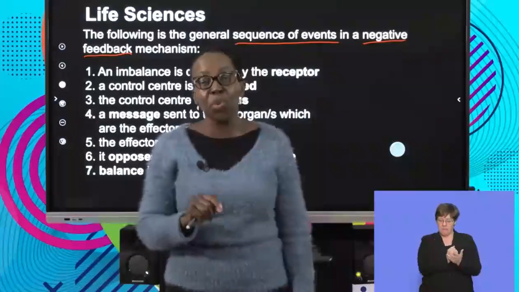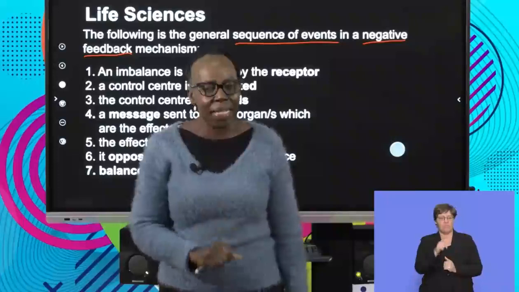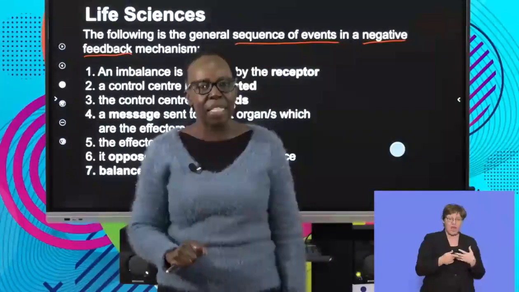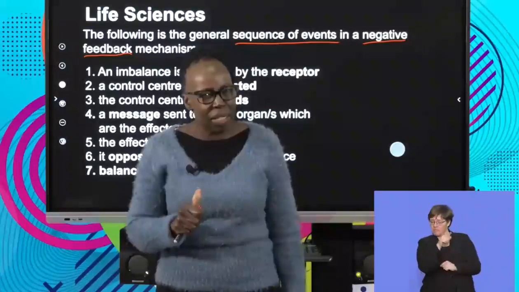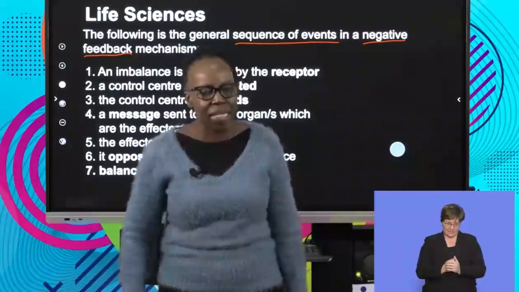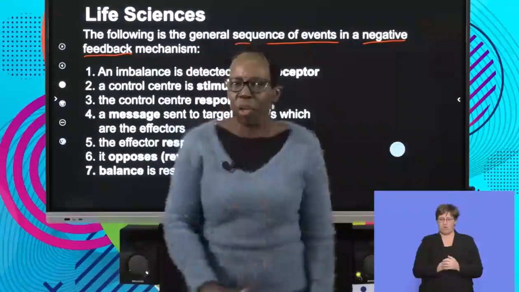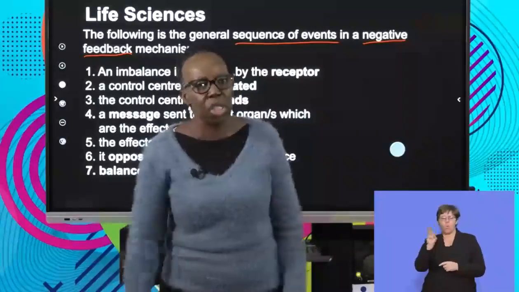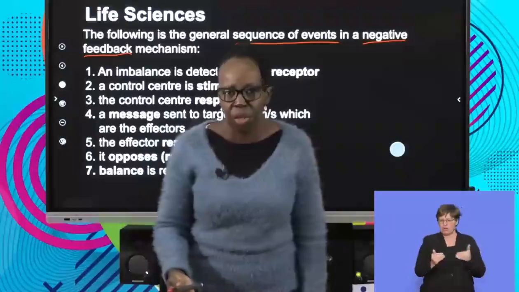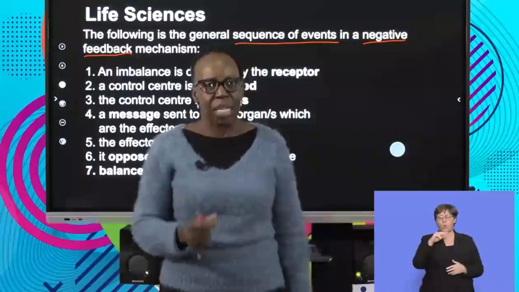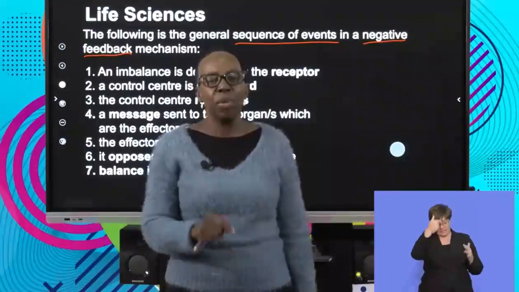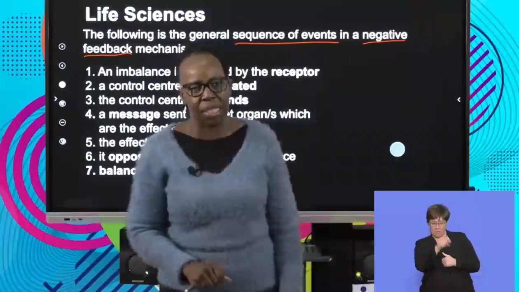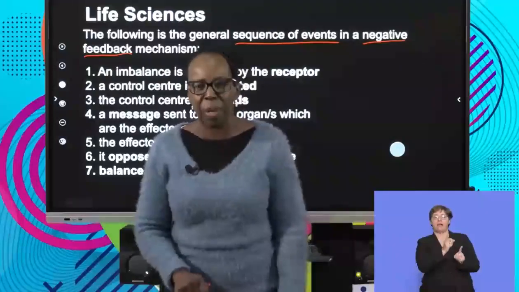That will make you remember when you are asked any question based on the negative feedback mechanism, whether they're asking you a question on thermoregulation, osmoregulation, or sugar regulation, or we can say glucose regulation. These 7 steps that we're going to go through will help you to remember and to be able to answer the questions that are based on negative feedback mechanism.